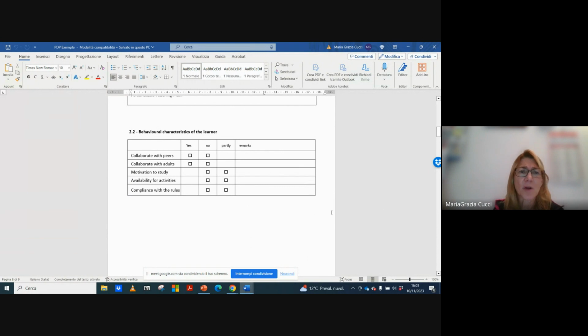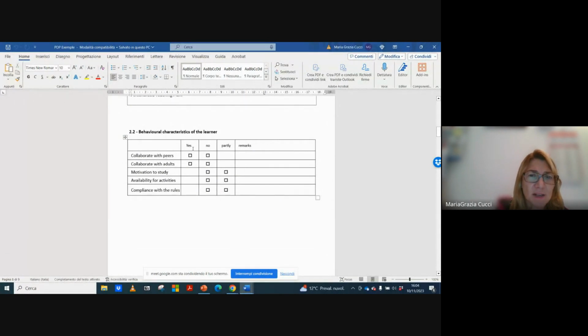Starting from this very short scheme, this is a short checklist which is based on observation.